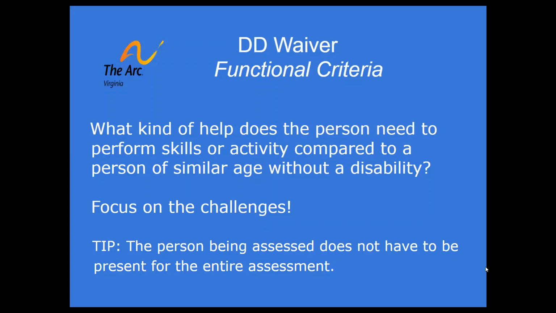Do they know to wear weather appropriate clothing? Does someone have to get the clothes out of the drawer, the closet? Does someone have to physically help put the clothes on, or just tell them what to do? Also want to mention that the person being assessed does not have to be present for the entire assessment.